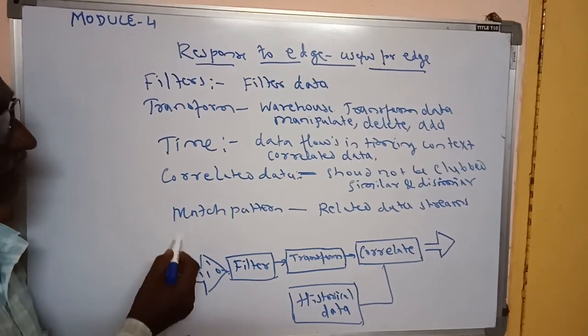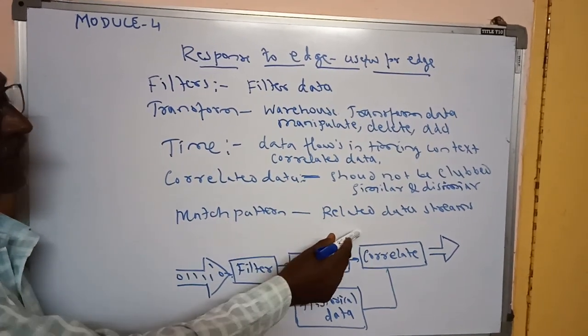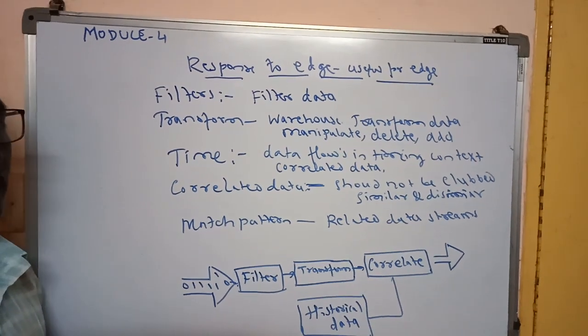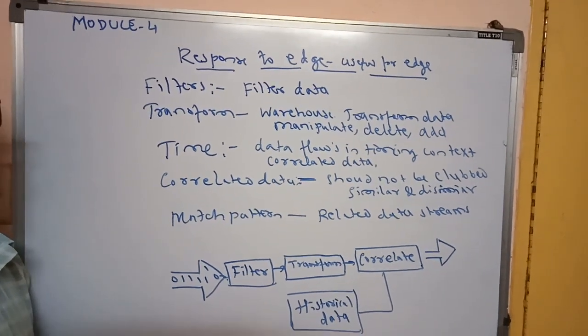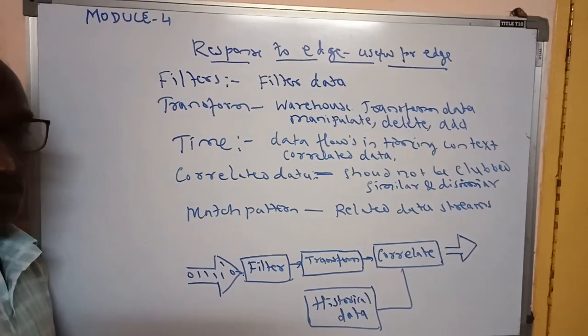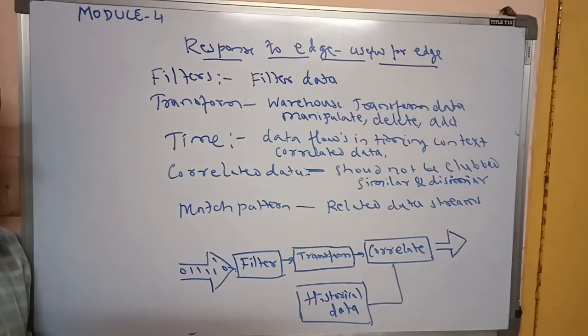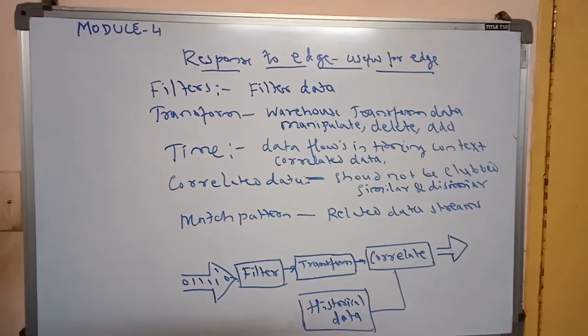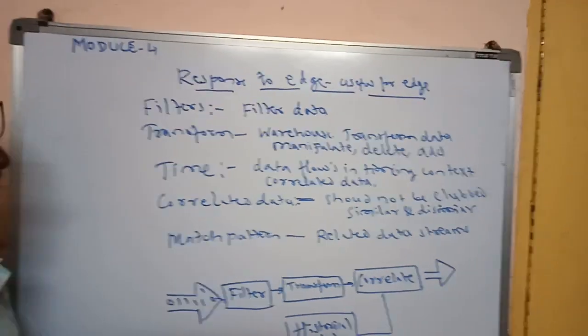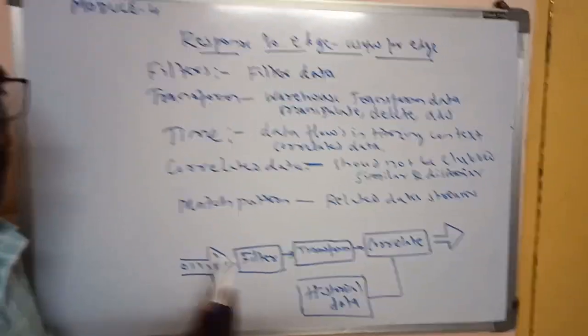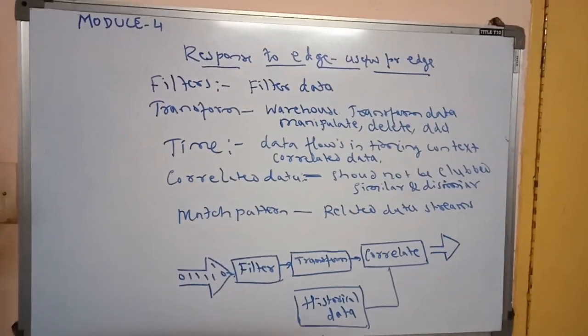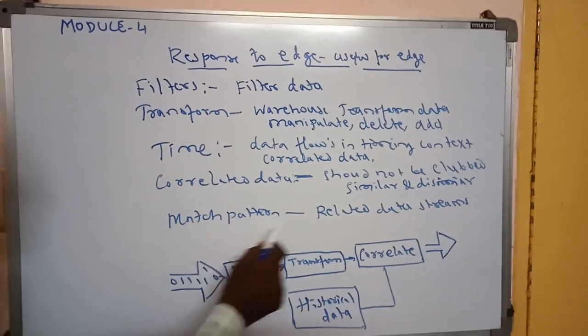This is known as the match pattern. Patterns should be matched. An image should be matched with an image, audio information should be matched with other audio. Based on that only we are separating the information, that is known as matched pattern.